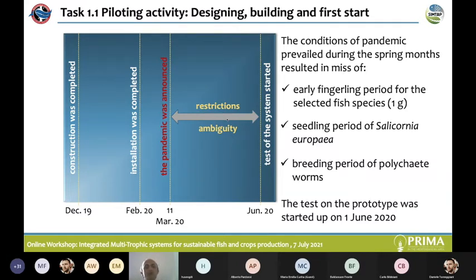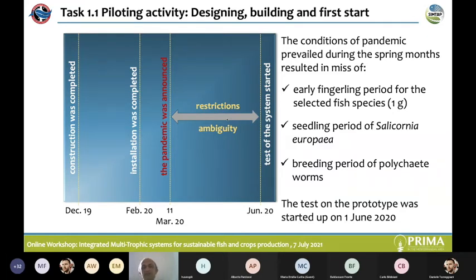The other compartments of the SIMTAP concept, including halophyte and polychaetes, were not integrated due to the lost spring period. Therefore, the test on the prototype was started in June 2020.